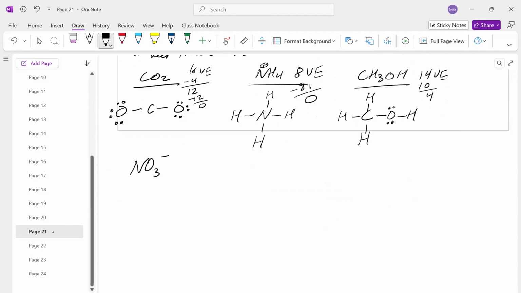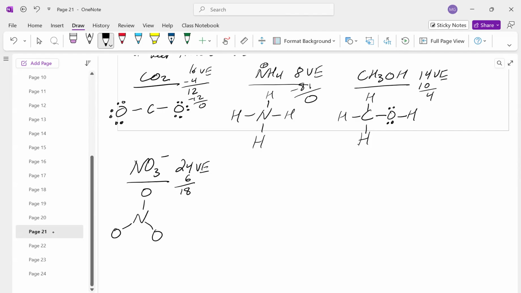Okay, so with nitrate, we said nitrate has 24 valence electrons. Our skeleton had the atoms arranged like this. So I'm going to put a single bond to each of them. That takes care of 6. I have 18 left.